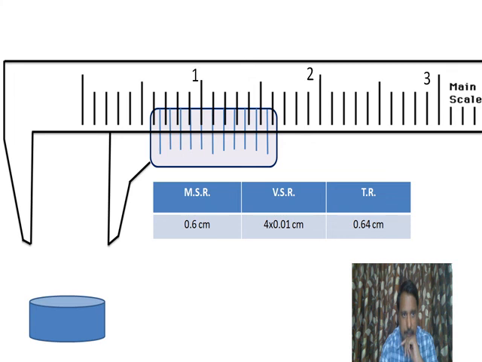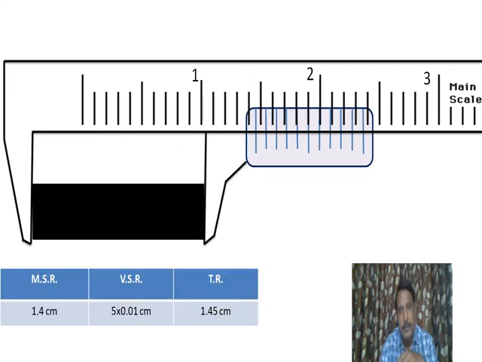Let us have a look at one more example, friends. Now, can you identify what is the main scale reading? Now, look here. We hold whatever we want to measure the dimension of, that object, in this jaw of the Vernier caliper. Here is your Vernier scale. It is starting from here.